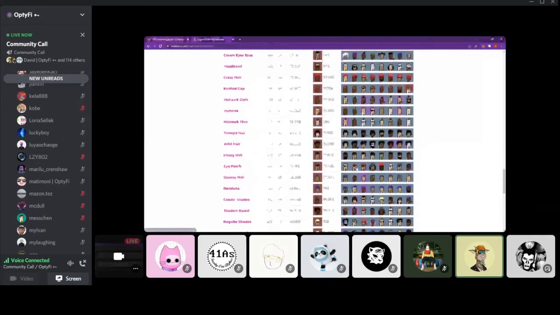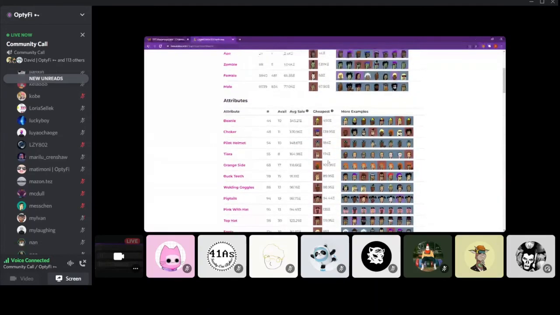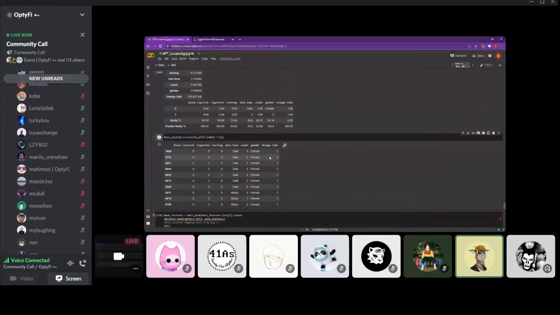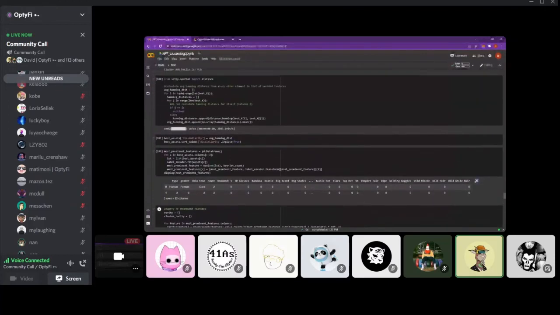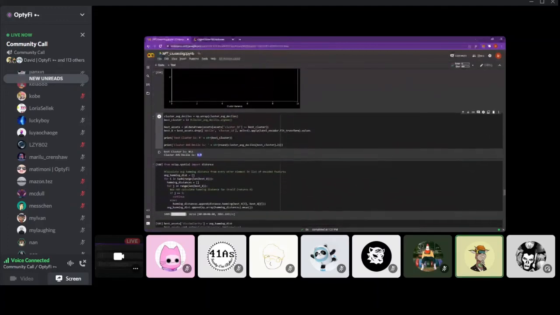Orange side is the hairstyle, right here. A pretty rare one too, only 68. So if we find something in this cluster that's trading lower than the average decile, which ended up being 9.9, so pretty much 10, that'd be a good buy opportunity.